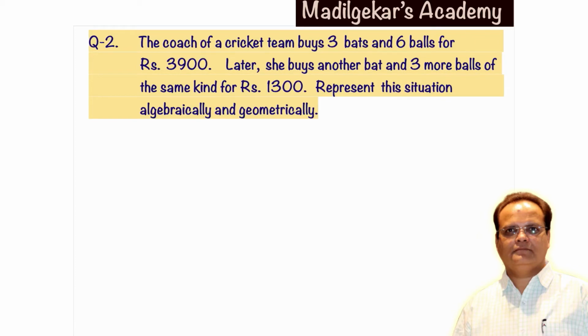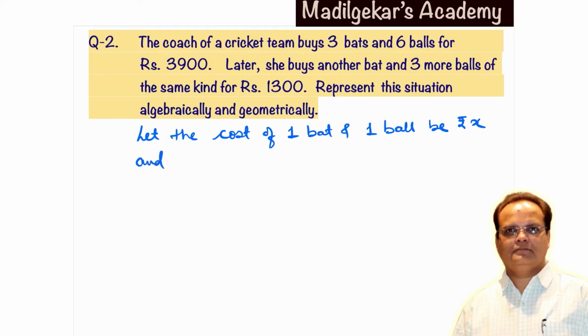So here, let us consider the cost of one bat and one ball to be rupees x and rupees y. Now from the given data, 3 bats and 6 balls means 3x plus 6y.